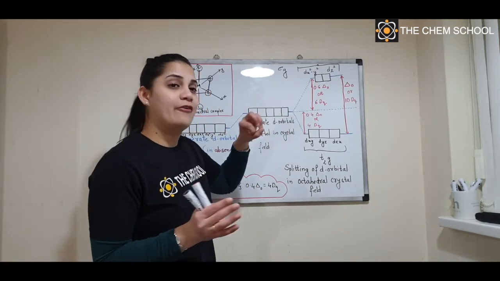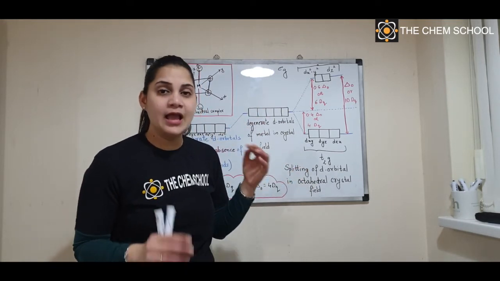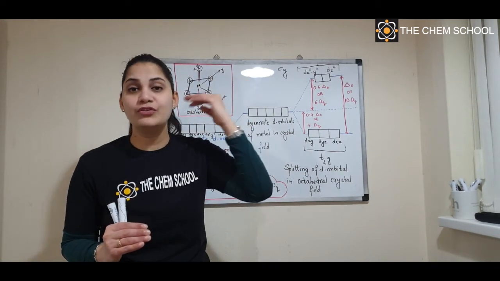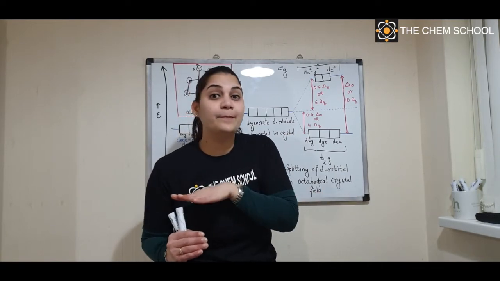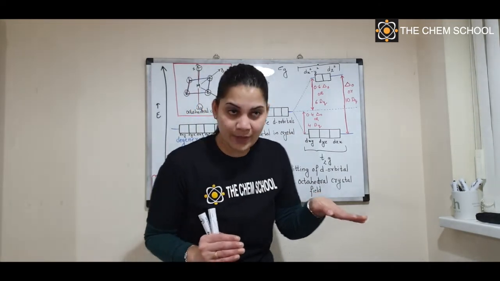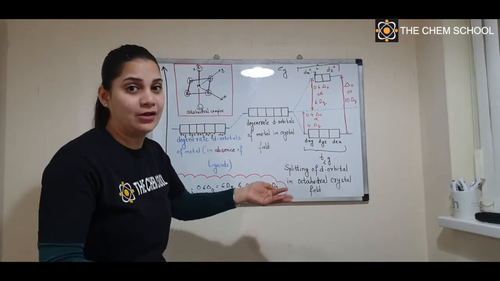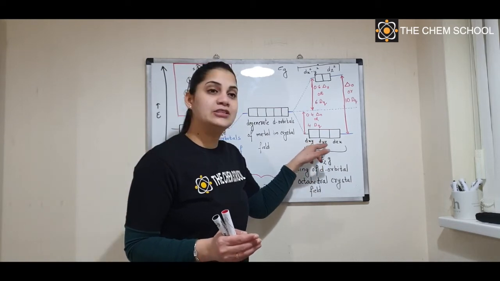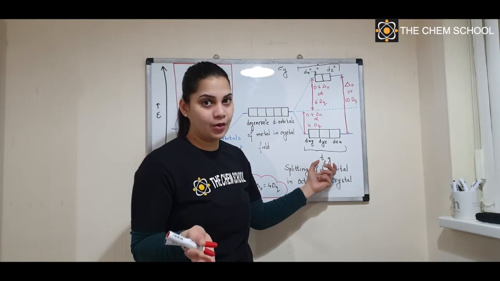Once the filling of the electrons starts, they will split into two, the one with lower energy and the one with higher energy. Which orbitals are lower in energy? The ones which are in the plane of the metal, that is the T2G, dxy, dyz and dxz. Collectively they are called T2G.